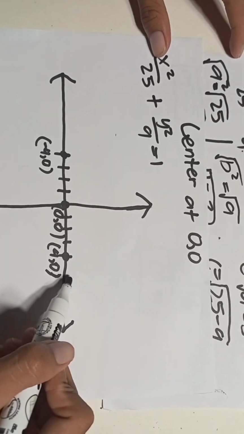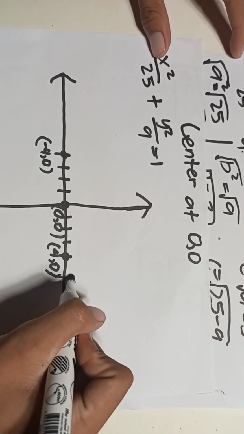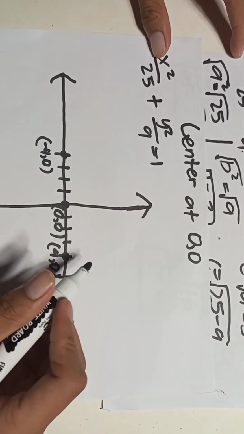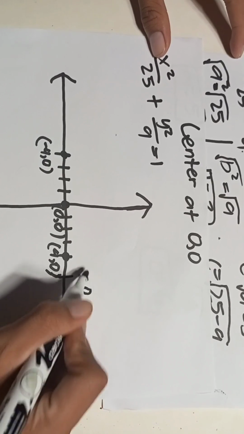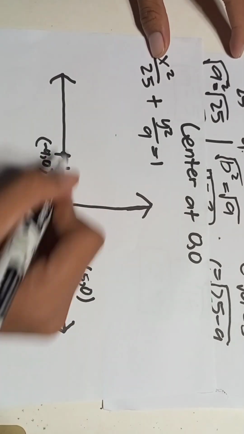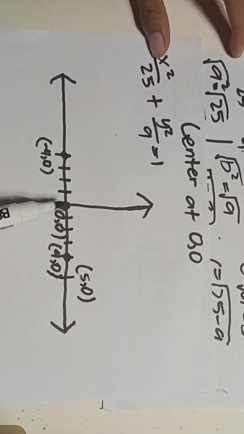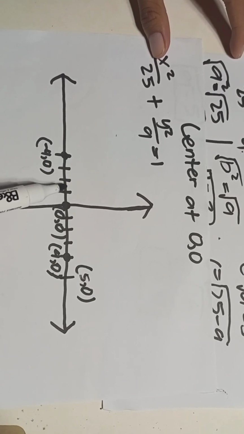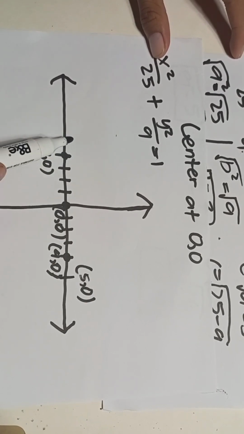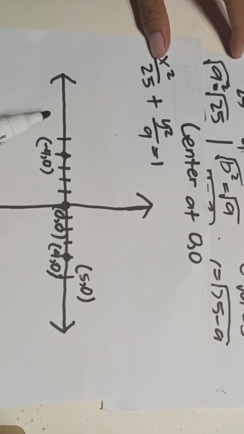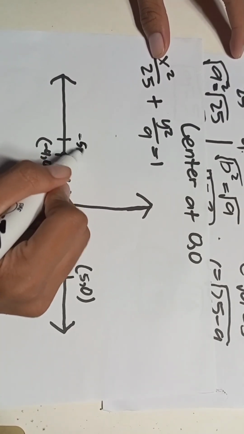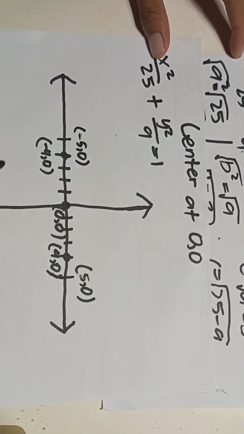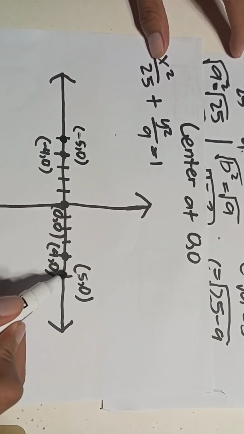Here is a vertex, 5, 0. Just do the same on this side, 1, 2, 3, 4, 5, negative 5, 0. Those are our vertices.